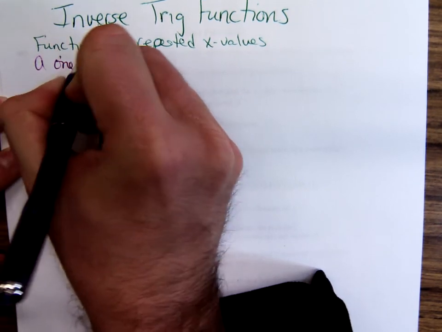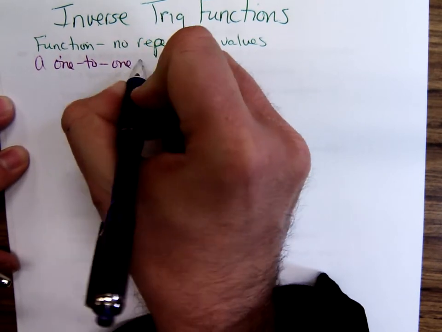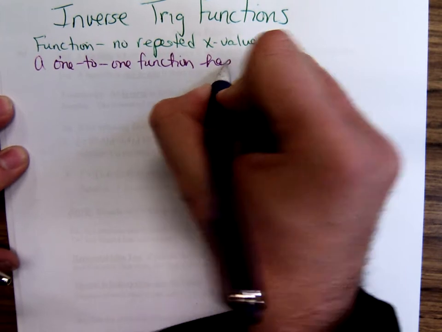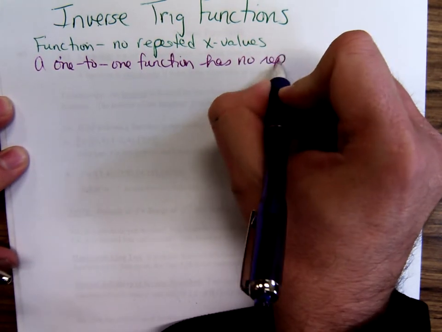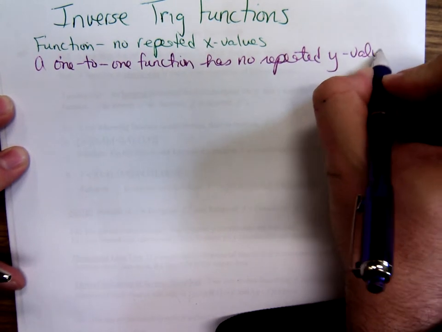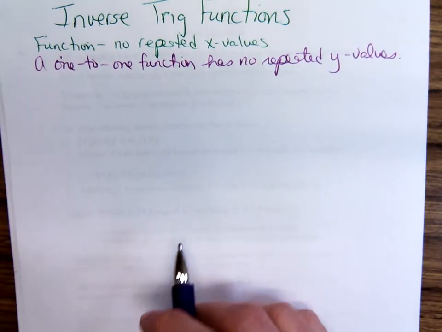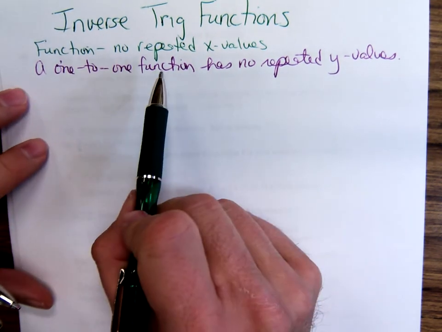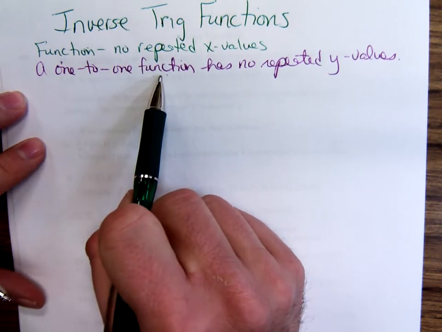A 1 to 1 function has no repeated y values. Now, if we were going to have a function and its inverse, if we want the inverse to be a function, it's got to be 1 to 1.